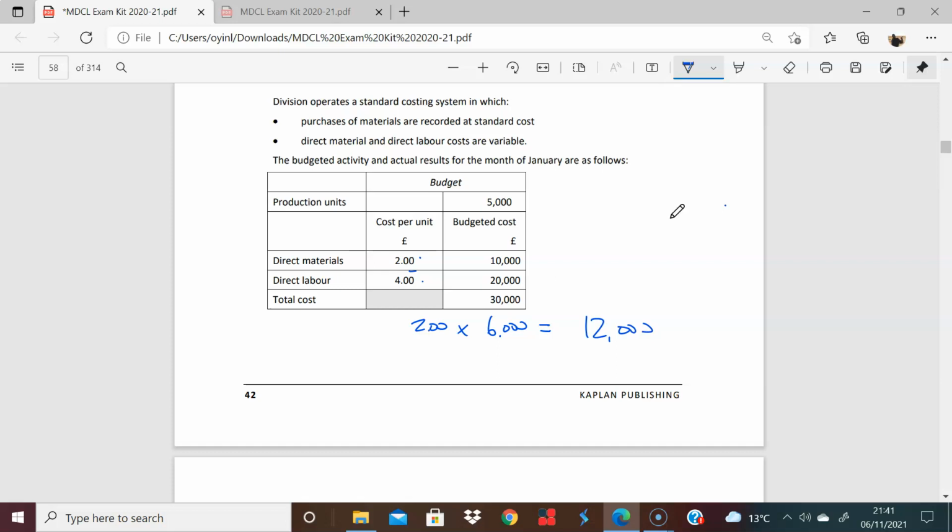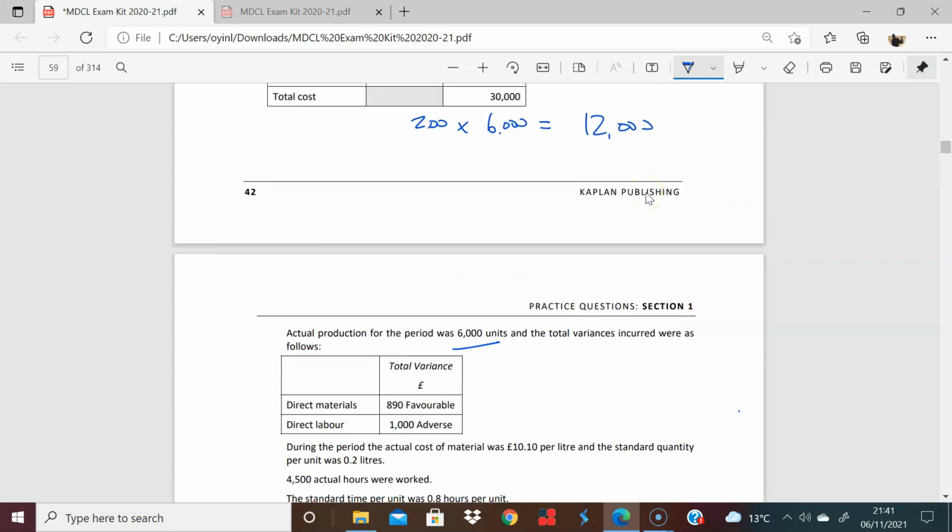Now the question says here that the overall material cost was 890 variable, which means that you spent 890 less on what it is you bought and what it is you paid for, which we'll find out. We spent 12,000 minus that, and that comes to £11,110.